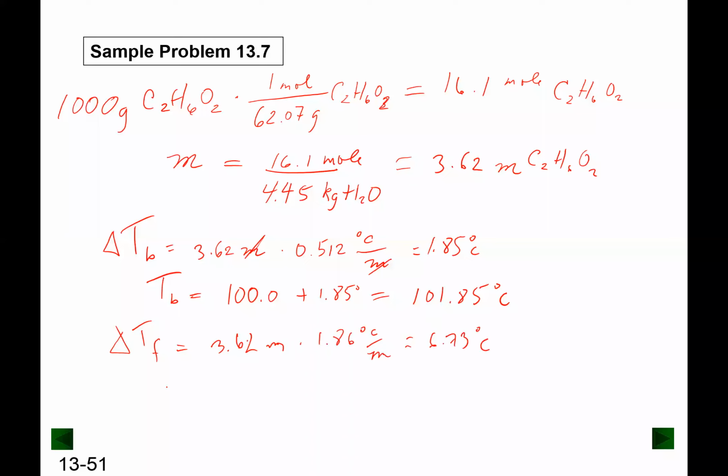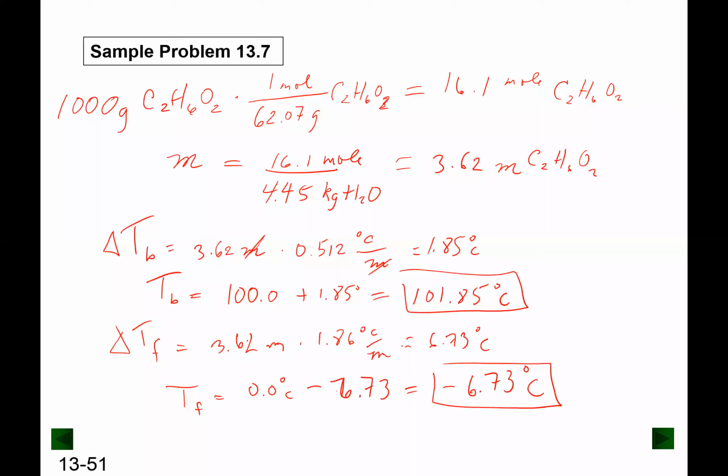And then to get our new freezing point, we're going to take 0 degrees Celsius, and we will subtract this 6.73, and we get a negative 6.73 degrees Celsius. So this would be our new boiling point. This would be our new freezing point.